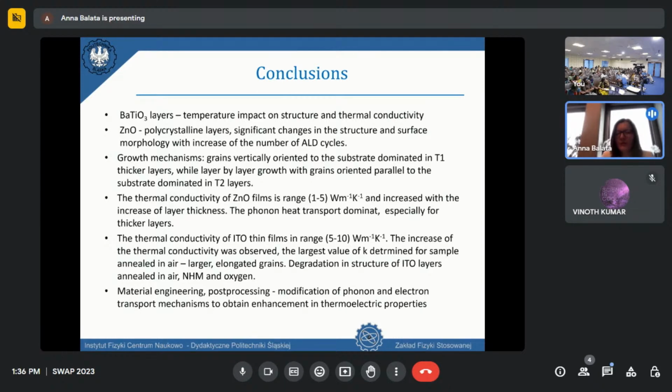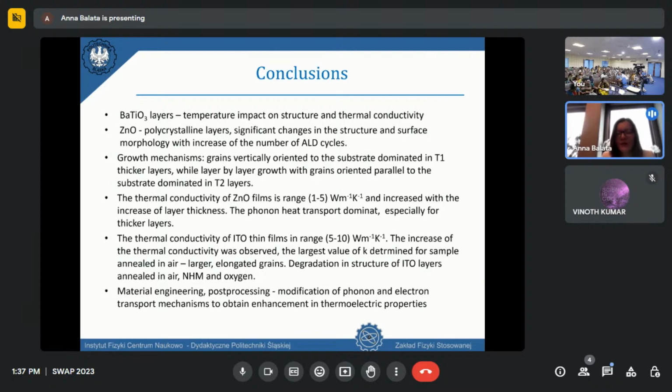So we observed grains vertically oriented for T1 layers and grains parallel to the substrate in the case of T2 layers. The thermal conductivity for zinc oxide thin films was in the range of 1 to 5 watt per meter Kelvin and increased with the increase of layer thickness, and phonon transport dominated, especially for thicker layers.